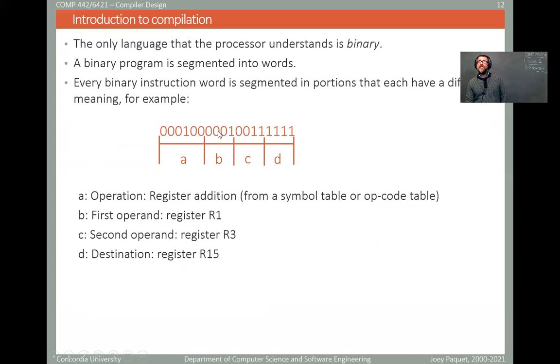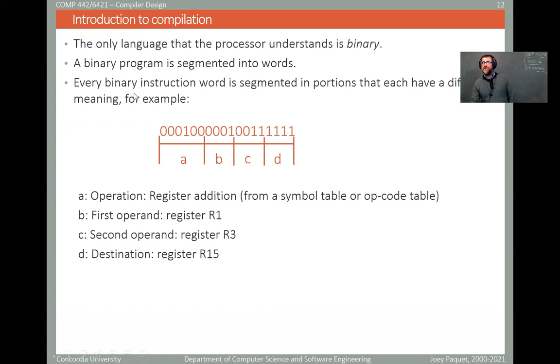Then there are the following bits, which represent the first operand. This is the second operand. This is the third operand. In this case, it's assumed that this means add the value of register number 1 with the value of register number 3, and then put the resulting value in register number 15. So this is basically what the computer would understand.